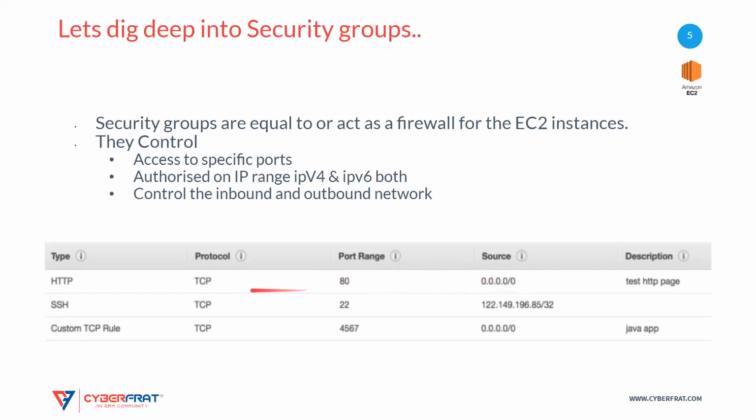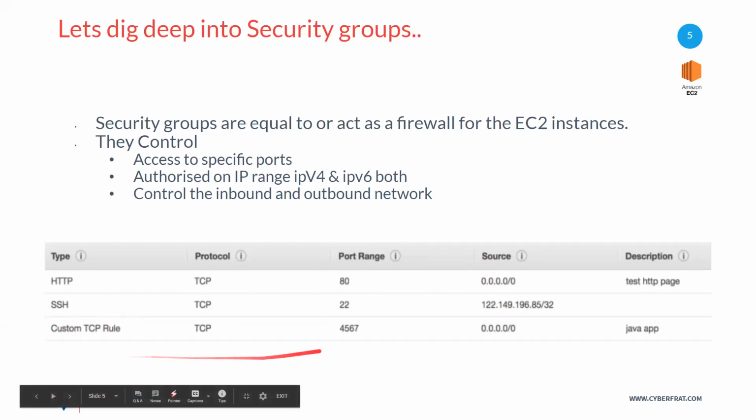Then the second rule is SSH, which would be accessible from only a specific IP. This is the public IP 122.149.196.85. Only this IP can do an SSH on the resource to which this security group is attached.